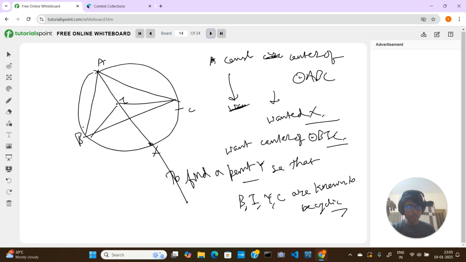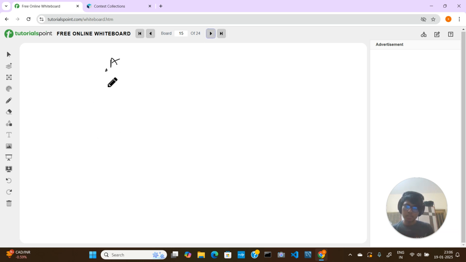Suppose we find such a point Y so that B, I, Y and C are cyclic, then we can construct the circumcenter of BIYC, which is basically X. Now the thing is, we want to find such a point Y so that B, I, C, Y are cyclic. So let's target some new point. We have these points A, B and C. We have this triangle BIC.